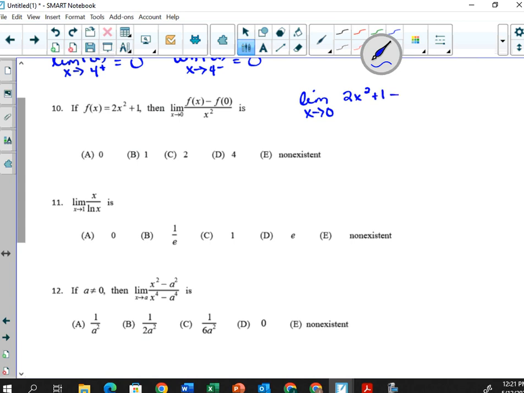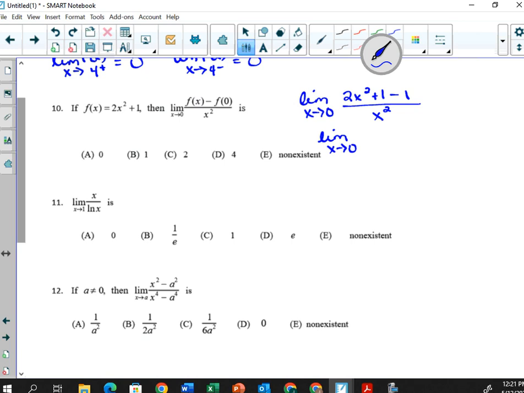Then it says minus f of 0. Well, what is f of 0? 1. That just means plug 0 in. We get 1. All over x squared. Plug in 0. Oh, wait, can't plug in 0 yet. We need to simplify. It kind of already is.